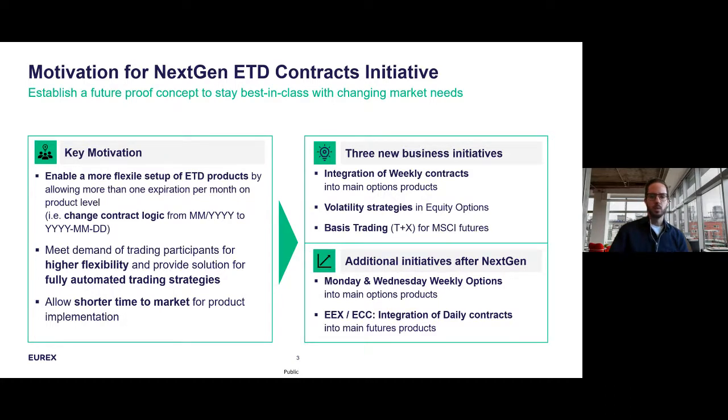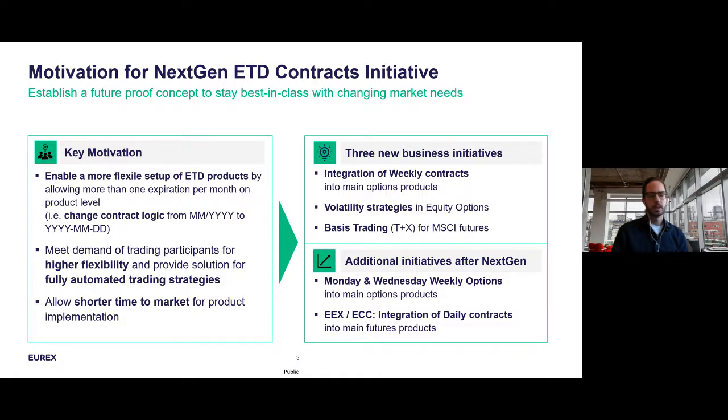In order to do so, we will change the logic from month-year to a day-month-year logic. You can compare it a bit with the year 2000 problem, switching from 99 to 2000, where here, instead of adding 2 years, we include the day in addition to month and year, which allows us then the higher flexibility.